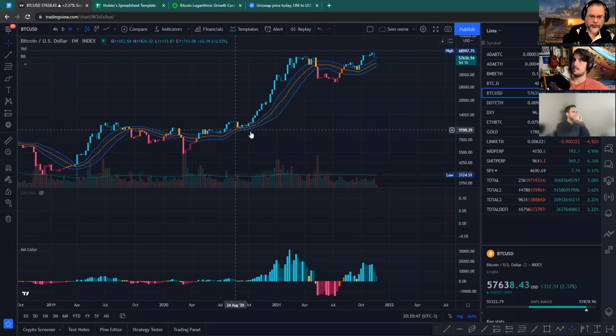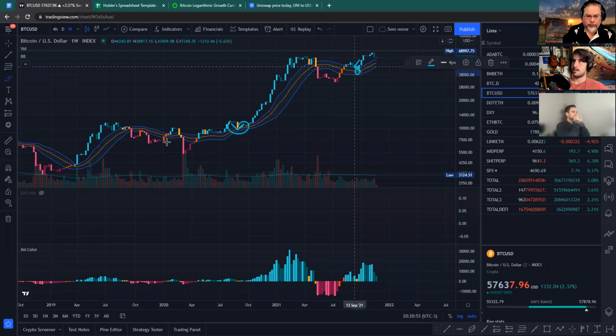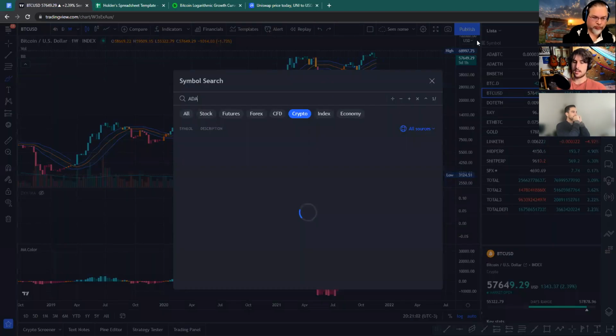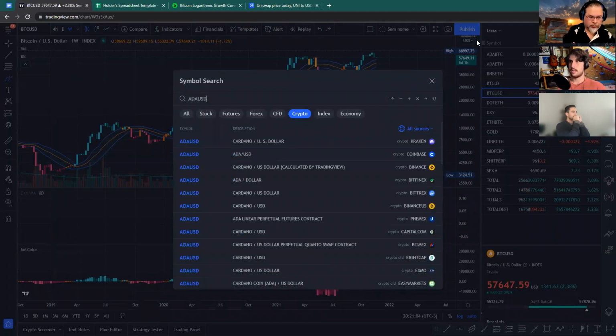And if it tests it as support, as it did right here and right here, then the uptrend is more confirmed, right? Well, how does Cardano look in light of that? Cardano USDT.